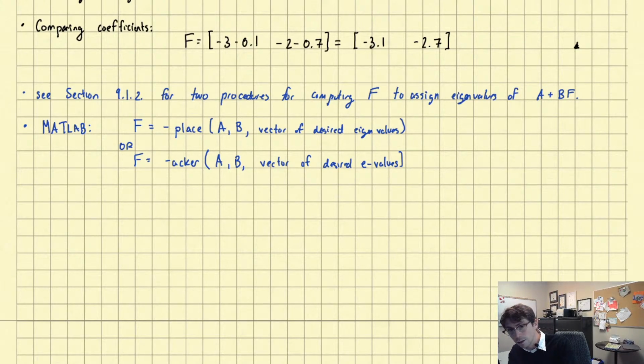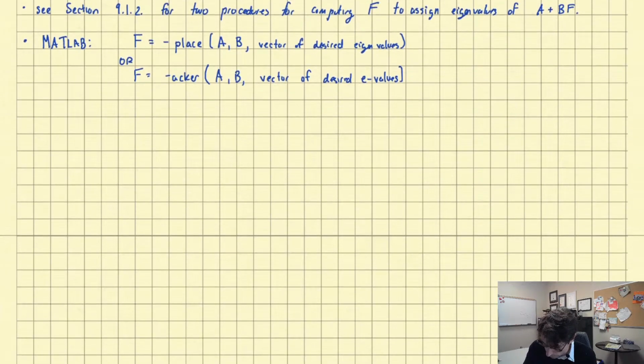Now, I want to remind you that this state feedback requires a sensor for each state variable. So it is not practical in general. So let's just make that very clear. State feedback requires a sensor for each state variable.